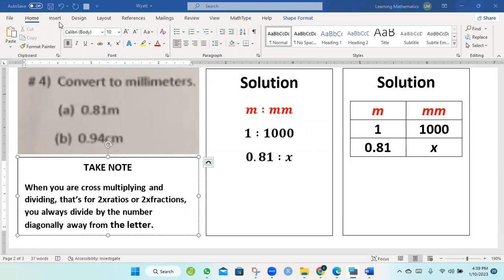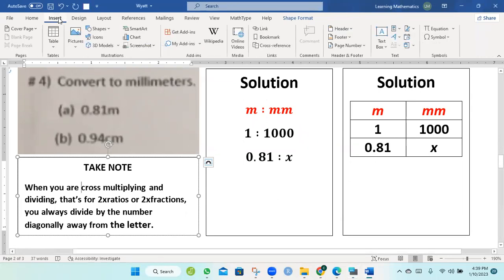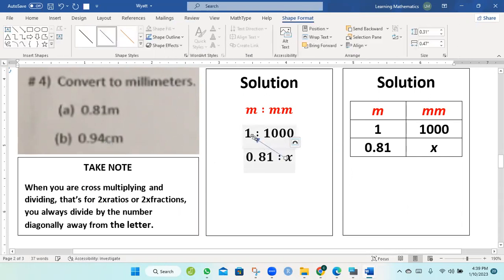You always divide by the number diagonally away from the letter. So if the letter is X, we must divide by 1, because 1 is diagonally away from the letter X.